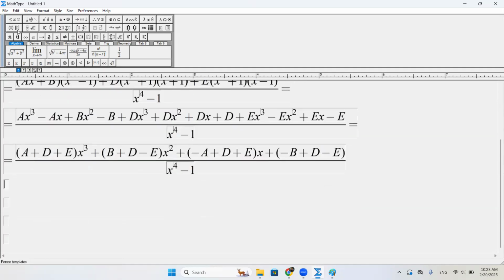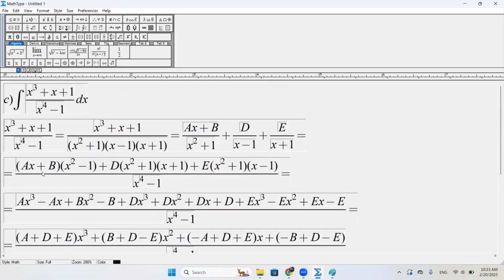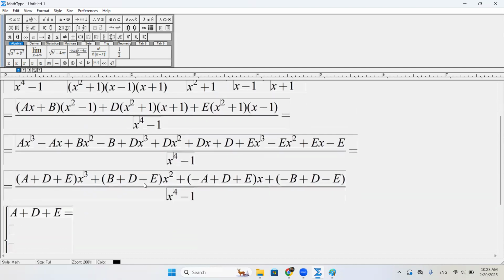Okay, and now we have the system of linear algebraic equations. We won't solve it for now because it requires a lot of time.